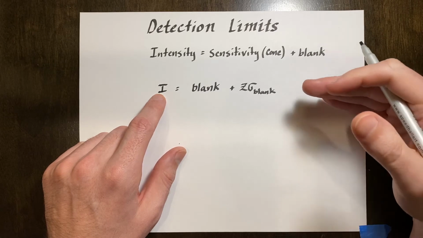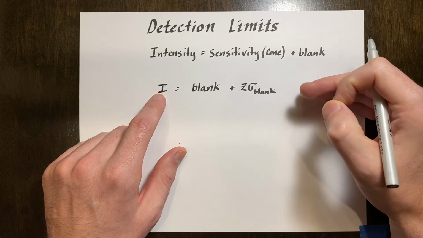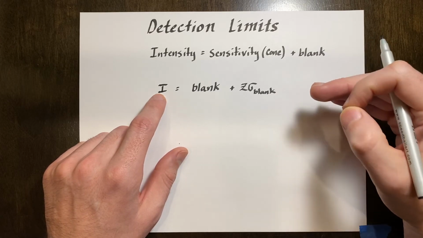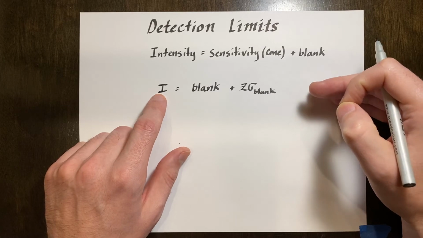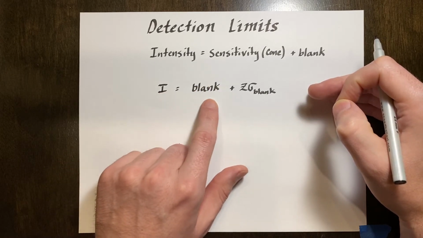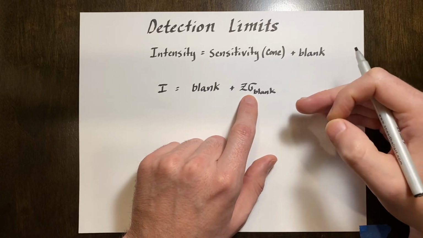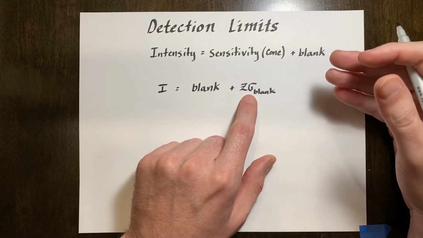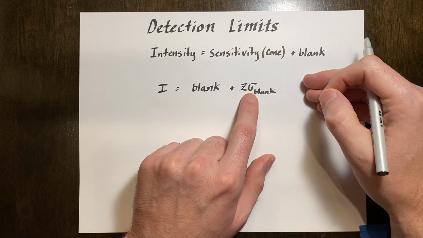And if I see that, and I know for sure, yes, this is higher than the blank, then I can say there is analyte in this sample. So I have my blank, and then I'm going to add some amount of signal beyond that. And this is actually based on the variability in my blank.